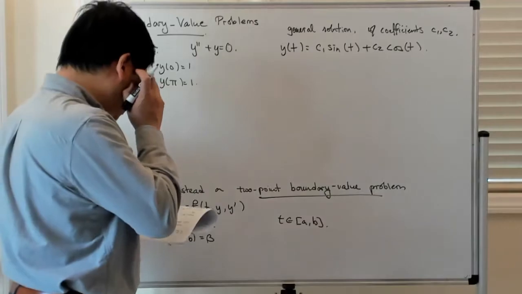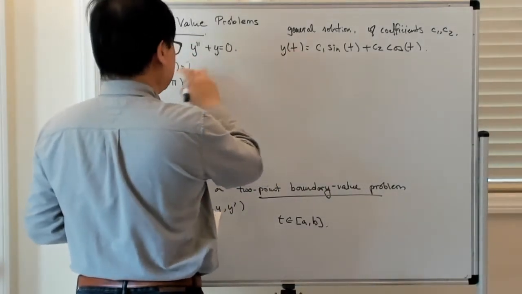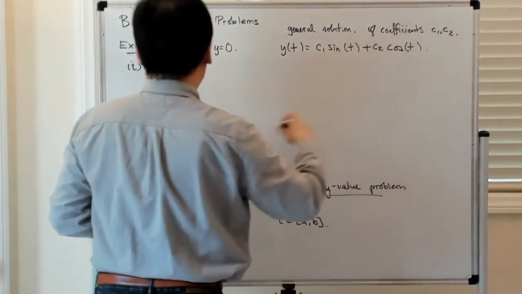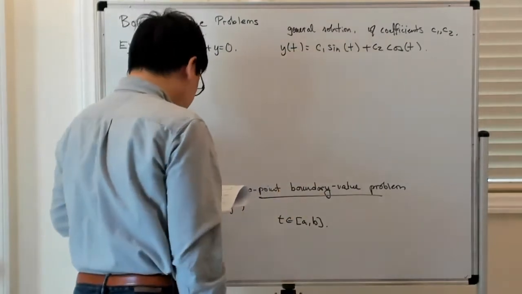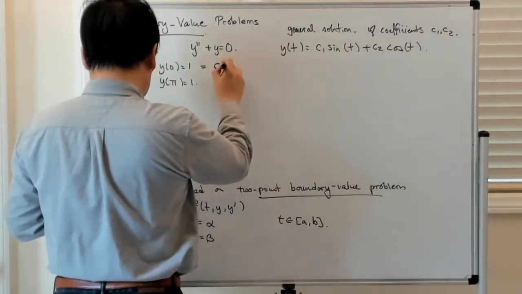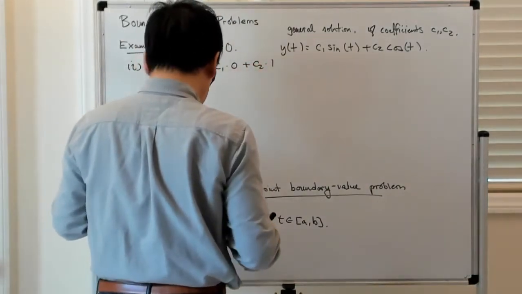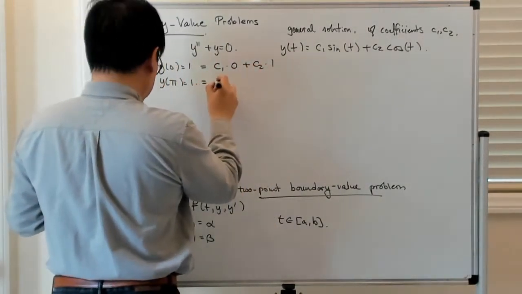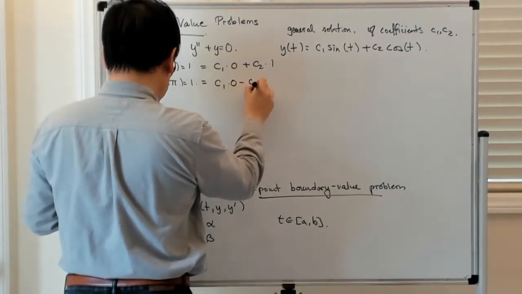All that entails is substituting t equals 0 into the right hand side, and then writing down an equation which c1 and c2 satisfy. So this is equal to c1 times 0 plus c2 times 1. And then at pi, this is c1 times 0 minus c2 times 1.